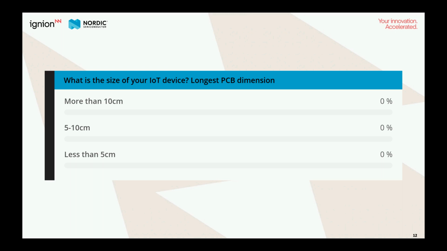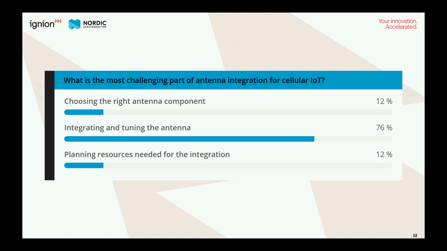And then Peter, I don't know if we can pull up the results. Okay, so Jaume, most people think it's challenging to integrate and tune the antenna. So I think that's something you can definitely elaborate a little bit more on. And for the other poll?